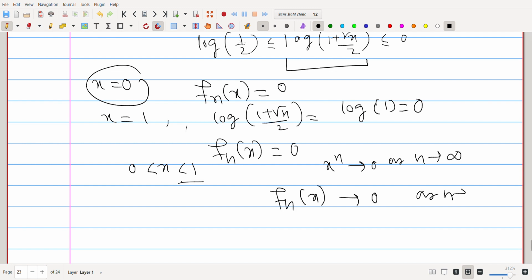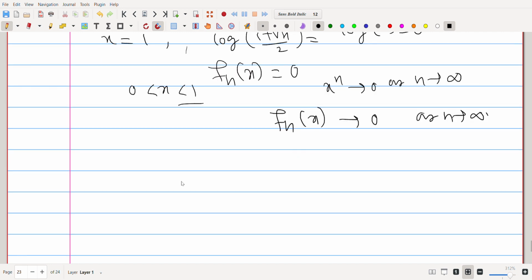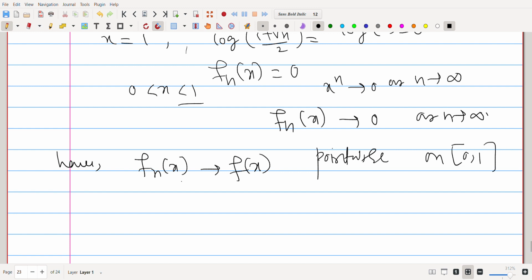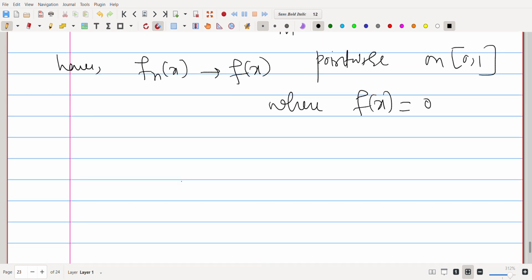So in particular f_n(x) goes to 0 as n goes to infinity. Hence f_n(x) converges to f(x) pointwise on the closed interval [0, 1], where f(x) is the identically 0 function.